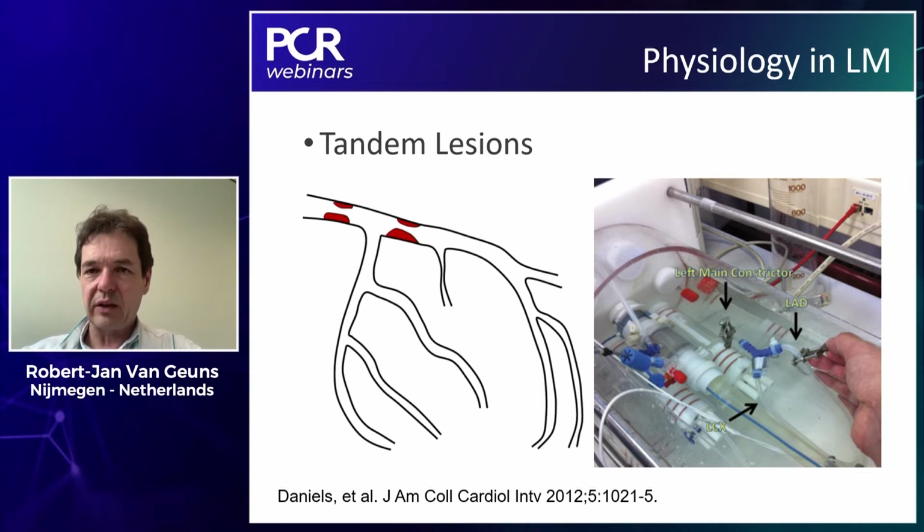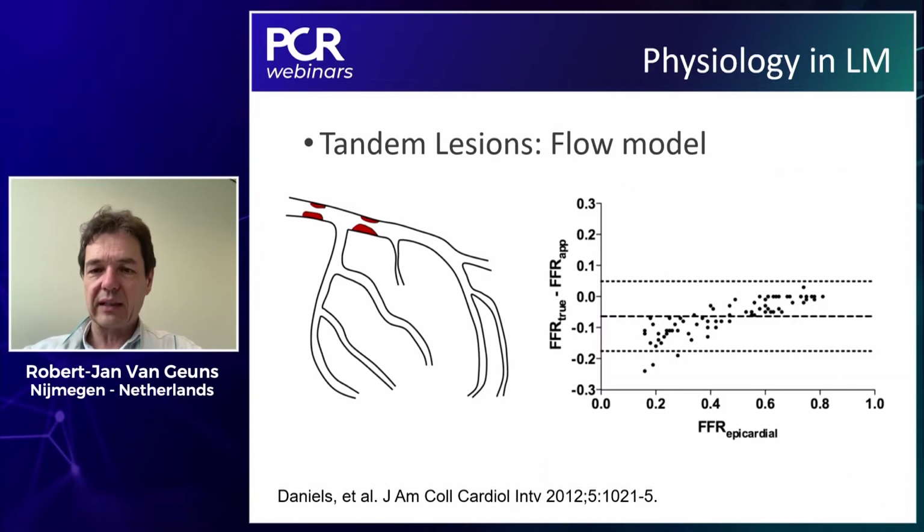You can see where the left main lesion is created by the arrows, where the LAD lesion is created by the arrows. If you want to read it, you have to go back to 2012 to get the data on it. But I think it was really interesting to see the form of the graph. What you almost can see is the FFR distal versus FFR epicardial.